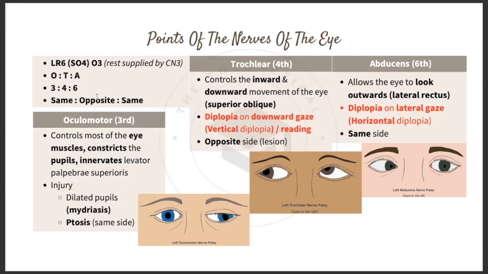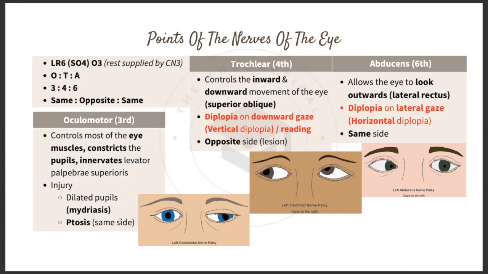If it's opposite, meaning if the left eye is affected, it's the right brain that's affected. And here, same, if it's the left eye affected, it's the left brain affected. The lesion is on the same side, okay? So remember this OTA 3, 4, 6, same, opposite, same.